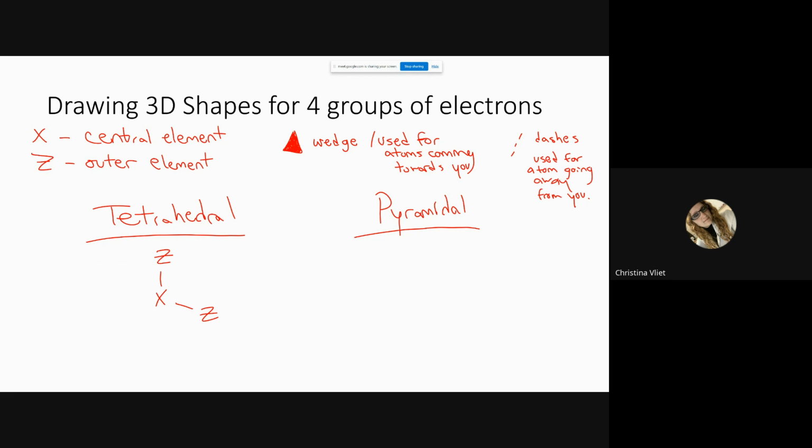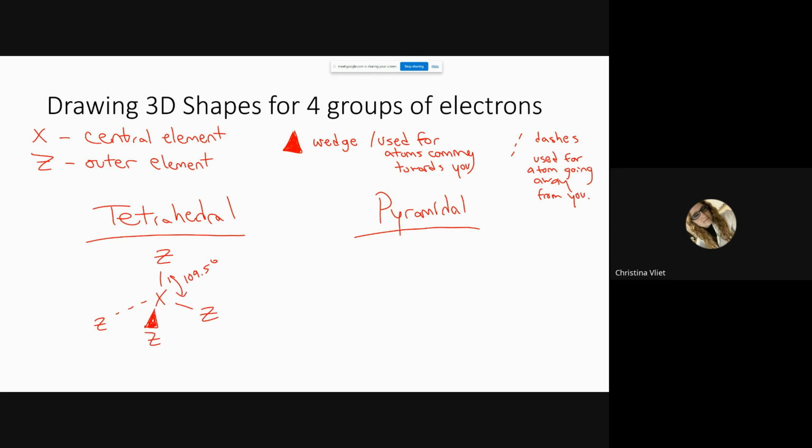You're going to see this when you're making the models very soon. So you're going to show a wedge for one and dashes for the other. This is tetrahedral. That's how you actually show the 109.5 angles between the molecules. It's not 90, it's 109.5.